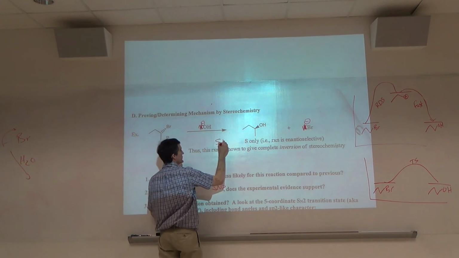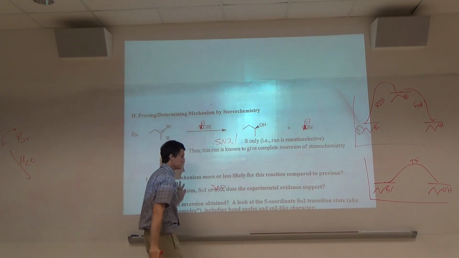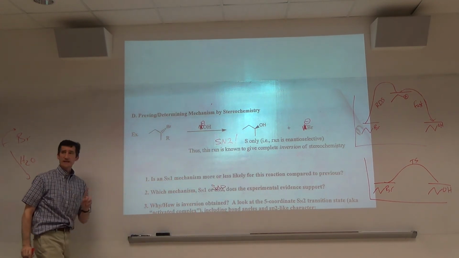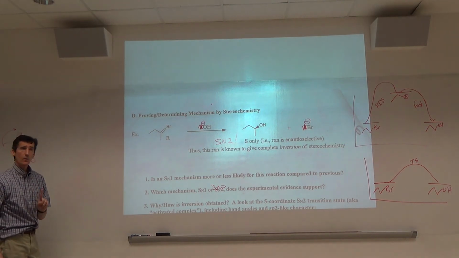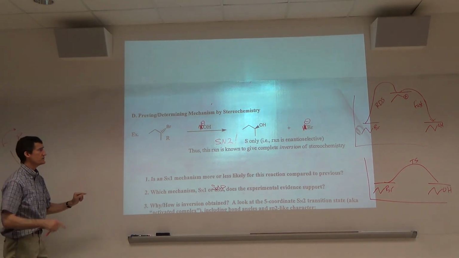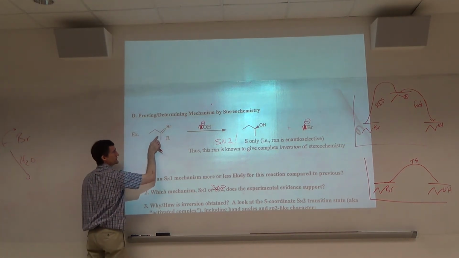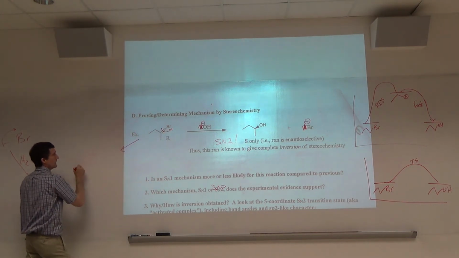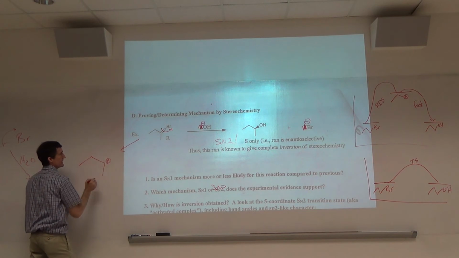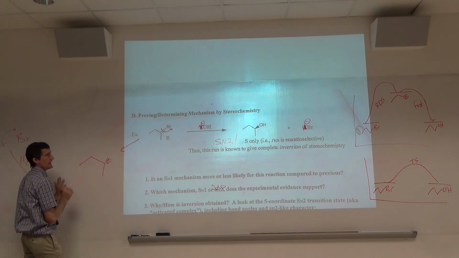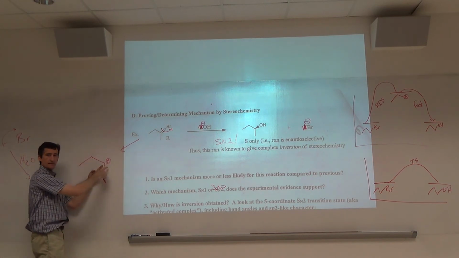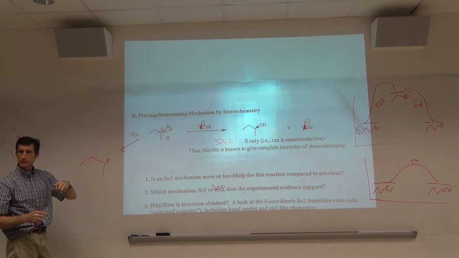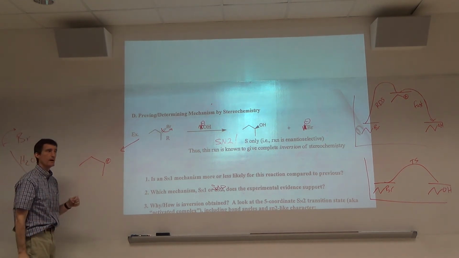This is SN2. Why? Because if it was SN1, what would the stereochemical outcome be? Let's do SN1. What's the first step? Bromine leaves, and we get that cation. Now, if hydroxide attacks, is it attacked in the front or back?